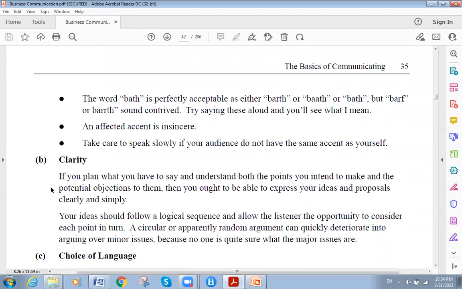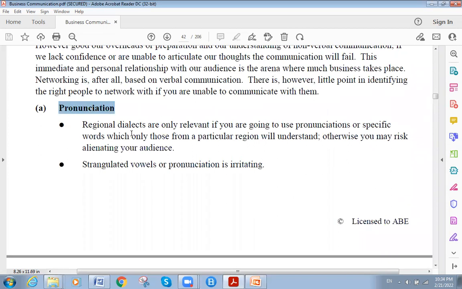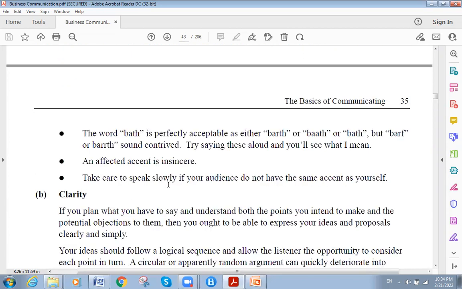So for the pronunciation, regional dialects are only relevant if you are going to use pronunciation or specific words which only those from a particular region will understand. Strangulated vowels or pronunciation is irritating.